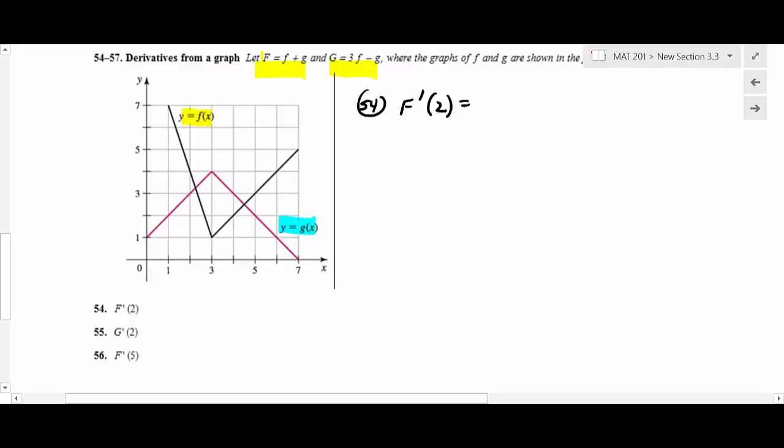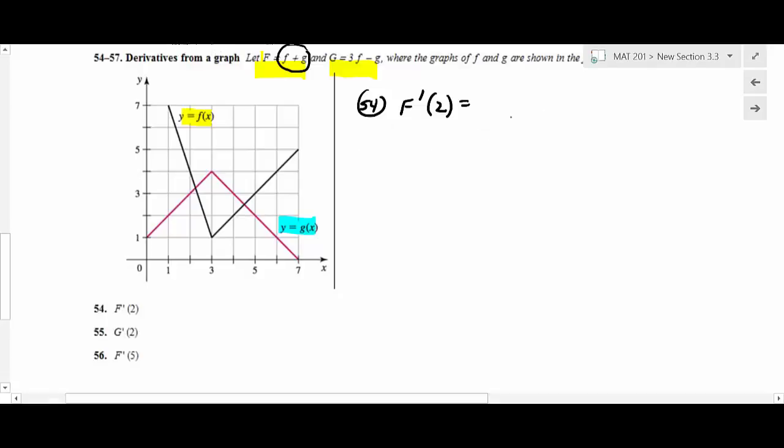The purpose of this is that you can interpret a graph correctly. What we're really doing is capital F is defined to be little f plus g. So what we're going to do is the derivative, and let's write it like this actually.